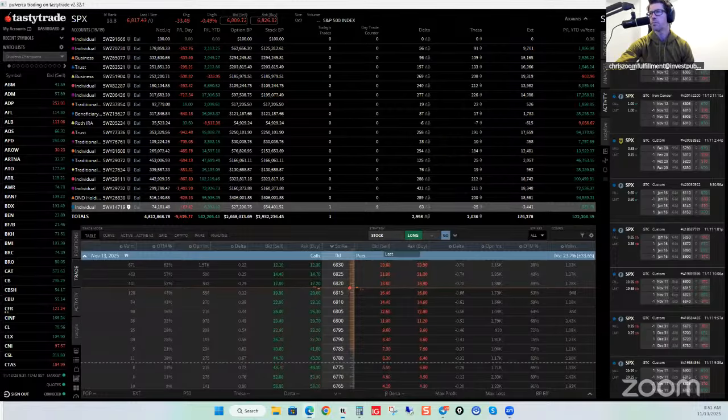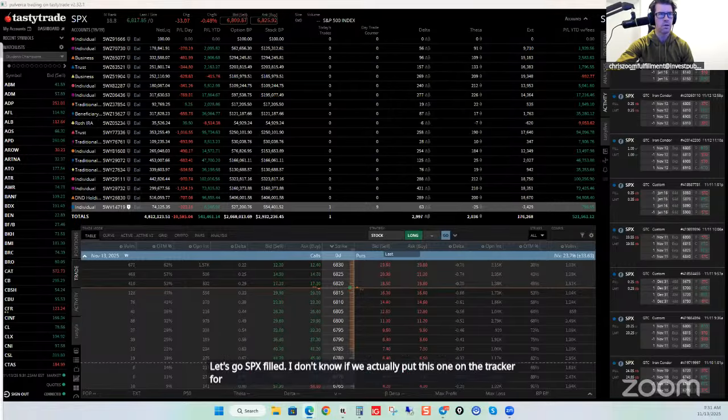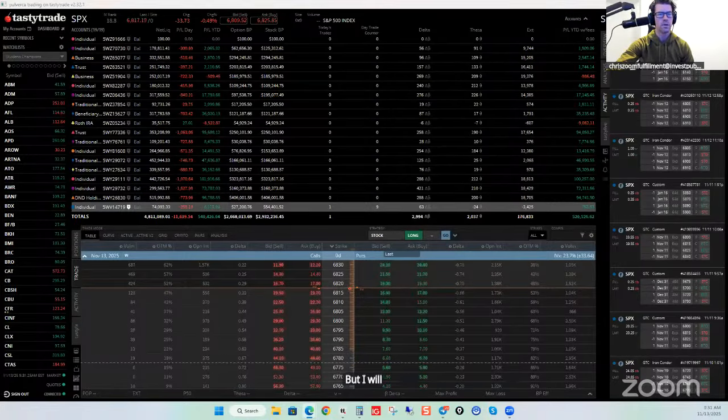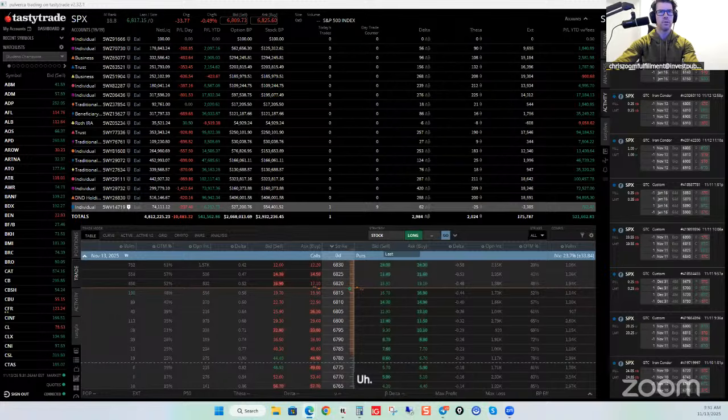Let's go, SPX filled. I don't know if we actually put this one in the tracker for waterfall income, but I will. So this was a 61. Let's see if I put this one in here. 116. $61.50 and 40.